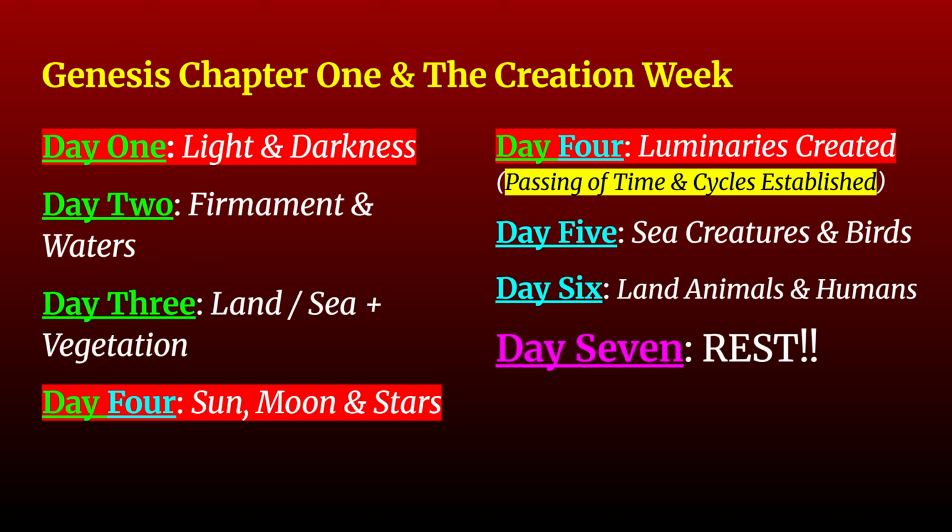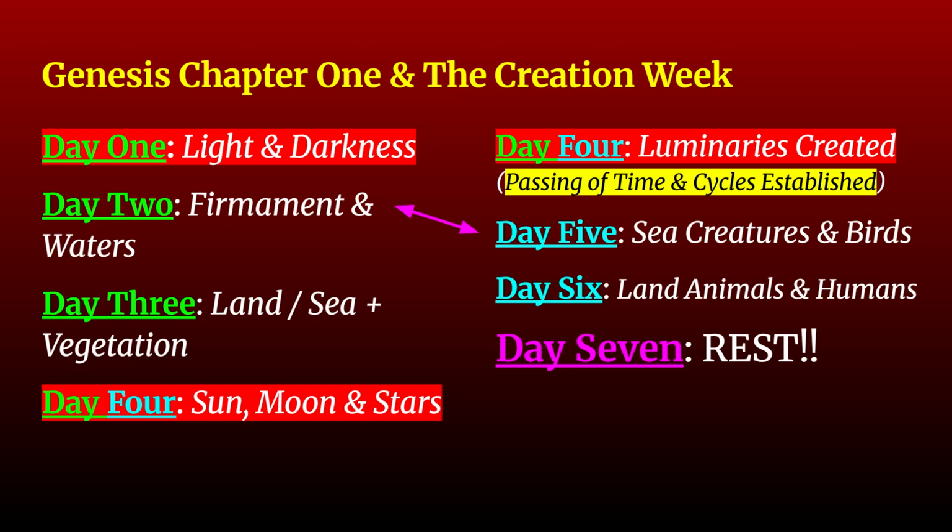But notice how the passing of time is also dependent on light and darkness, that original duality. And then you'll notice that on day 2 and day 5, we have a little bit of a correspondence. God creates the firmament and the waters, and then on day 5, he creates the sea creatures and the birds.